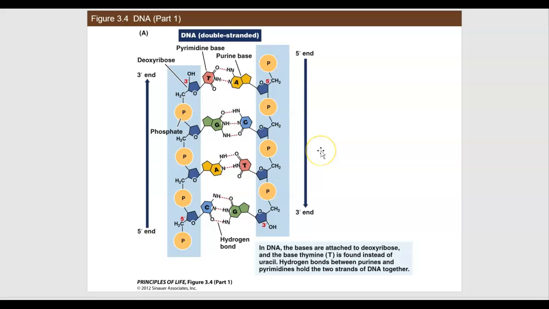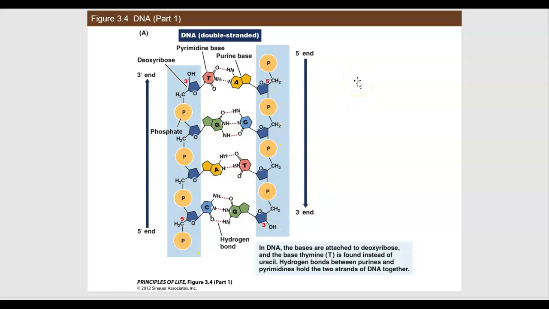So here it is. This may be helpful. So here's the outside on this. So if it's a ladder, remember it's going to twist actually. So we're seeing it straight. But here's the nitrogen bases held together by hydrogen bonds. Here's the outside of this molecule with the phosphates and the sugars that are on this outside piece, and also over here.